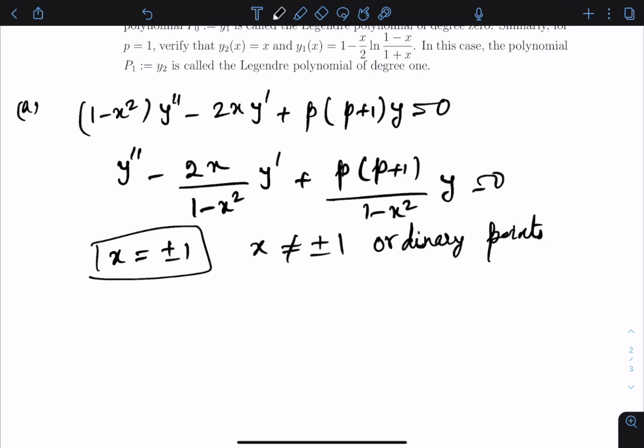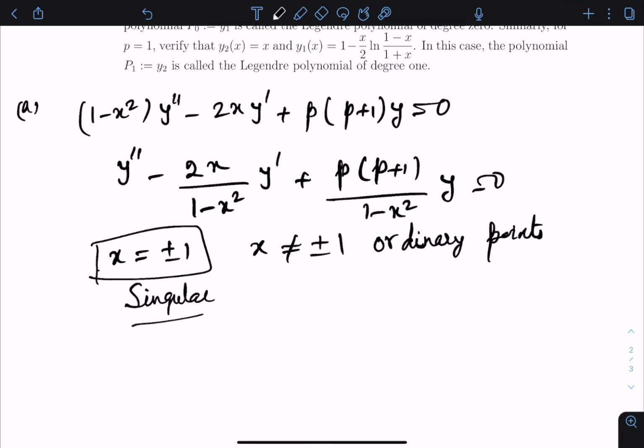And x equal to plus or minus 1 are the singular points. So these are the singular points. What is the classification? We have to check whether it's a regular singular point or not.